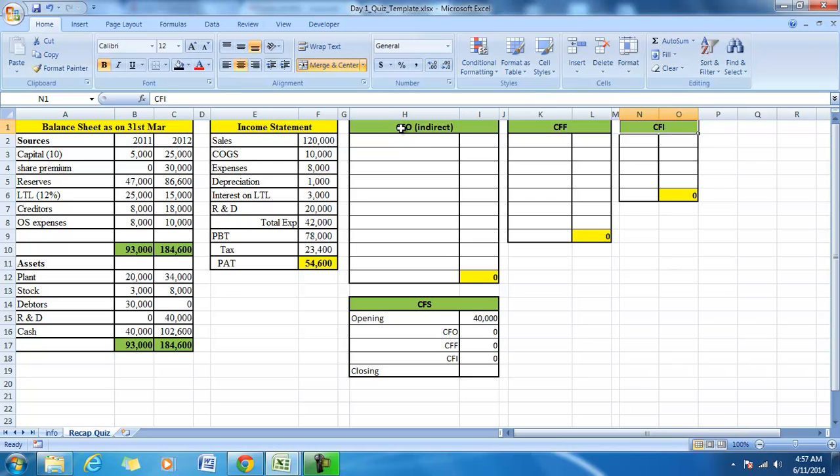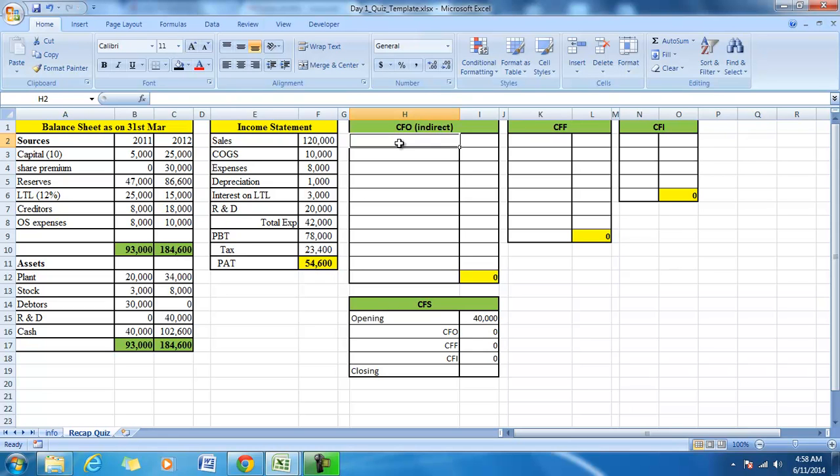So for cash flow from operation, by using the indirect method, we will pick up the profit after tax, which will tell us that profit is not equal to cash from operation because of non-cash items, non-operating items, and the changes in the working capital.